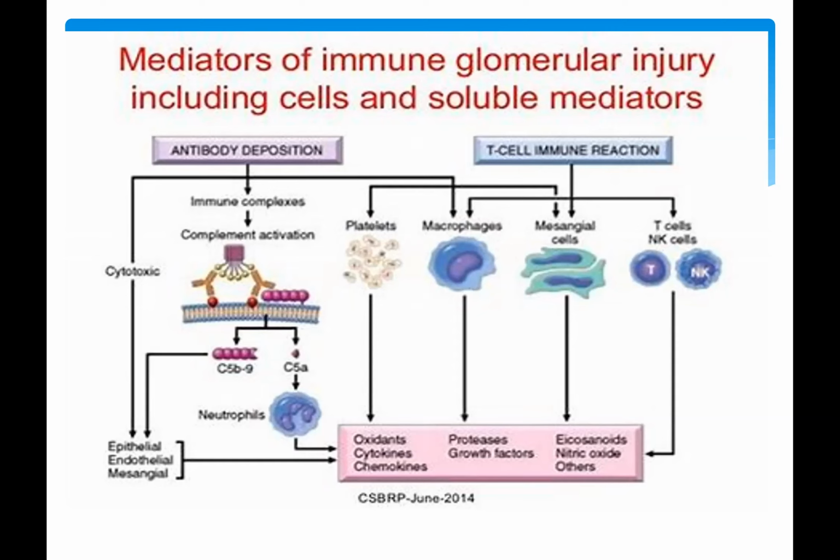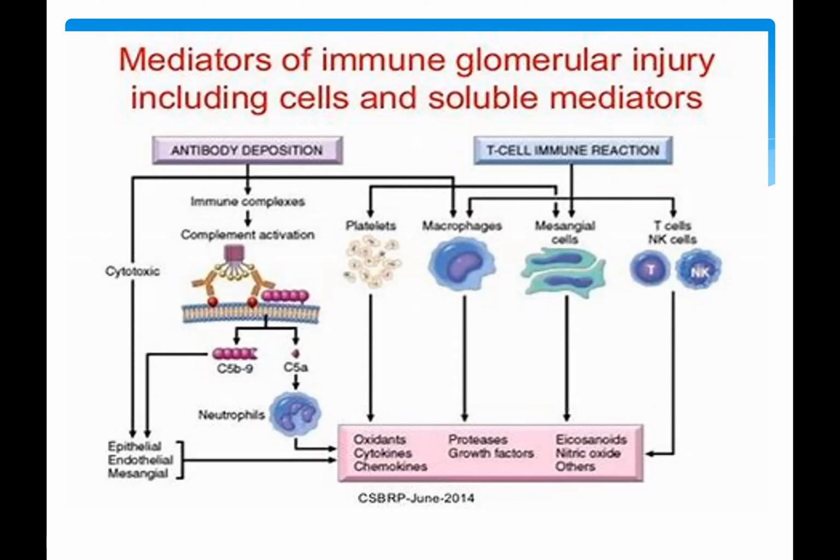So, if we're talking of cytokines, of particular interest would be your interleukin-1 and tumor necrosis factor. Chemokines, on the other hand, do not forget your monocyte chemoattractant protein 1, which promotes monocyte and lymphocyte influx.